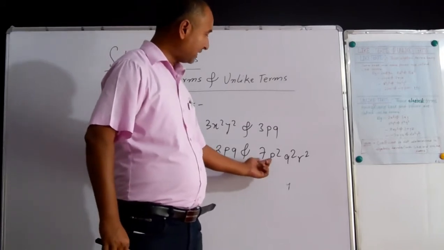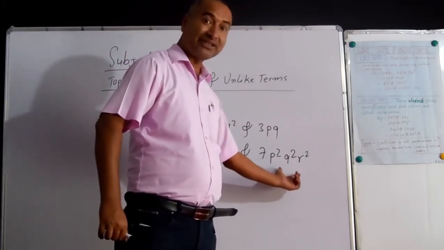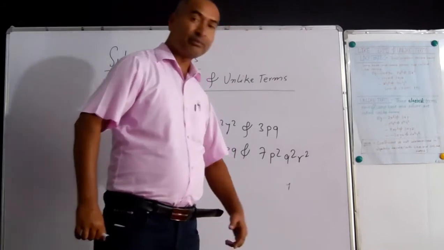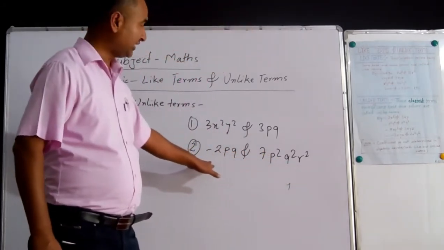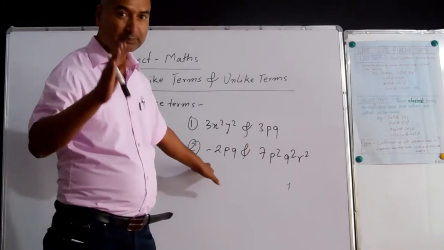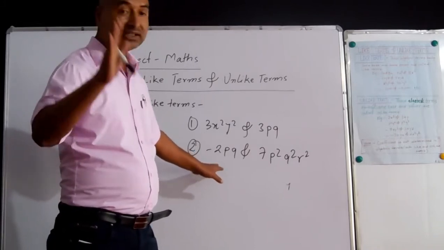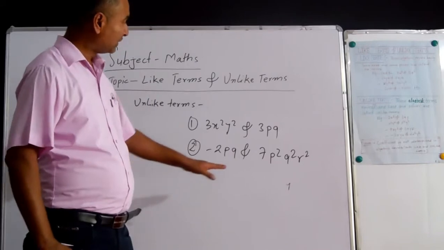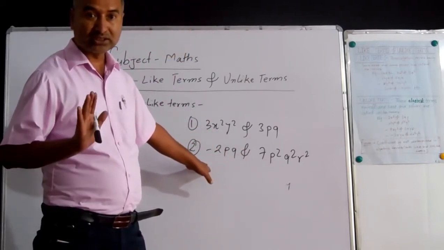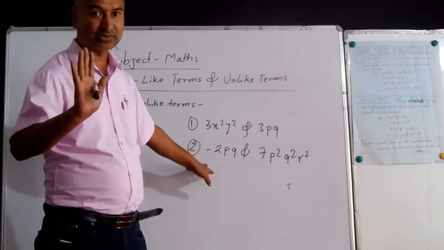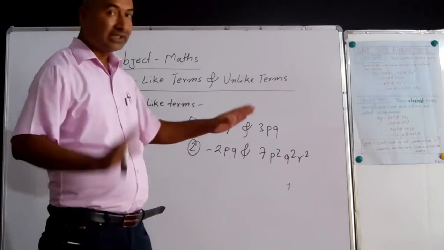In the other, 7p square q square r square, there are three variables and they have power 2, 2, 2. That means they are different from each other. Their power and base are different. So these two terms are what? Unlike terms. Don't be confused.